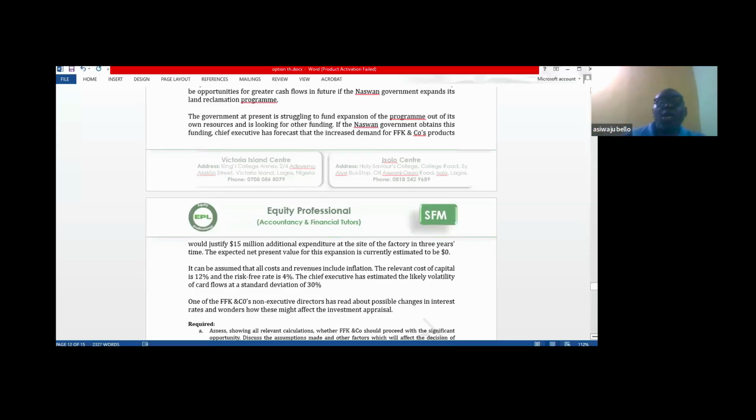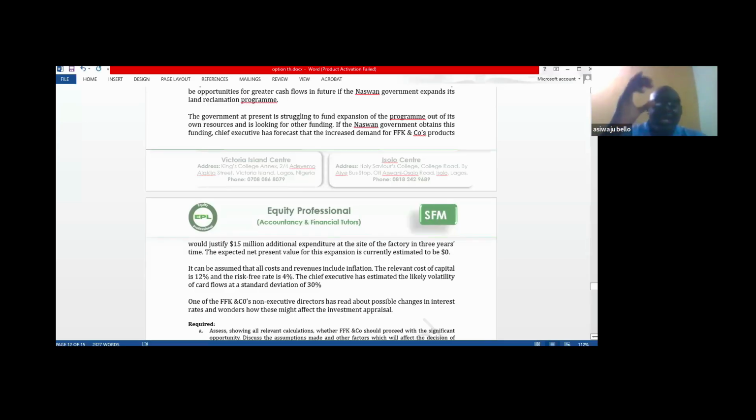Look at it. We can make additional investment at the site in 3 years' time. The expected net present value for this expansion is currently estimated at 0.